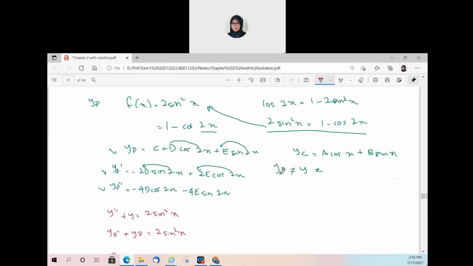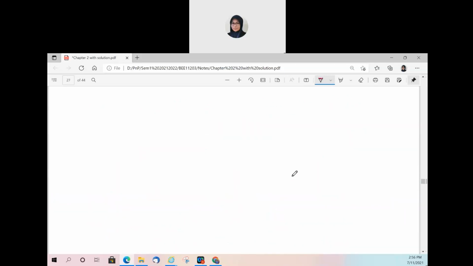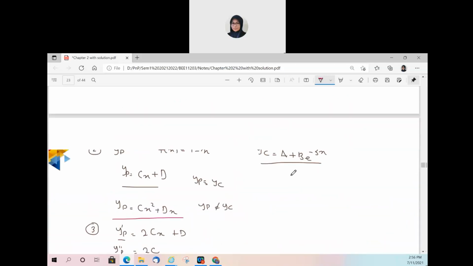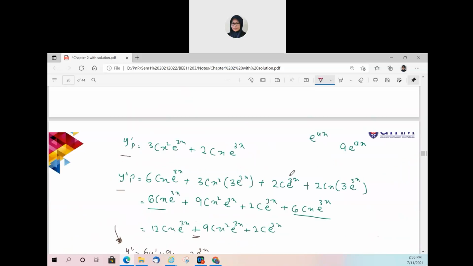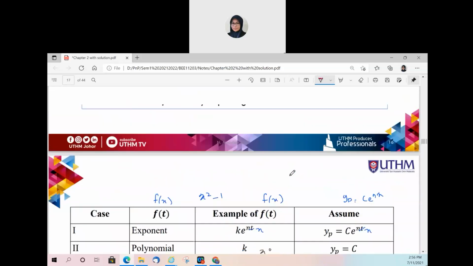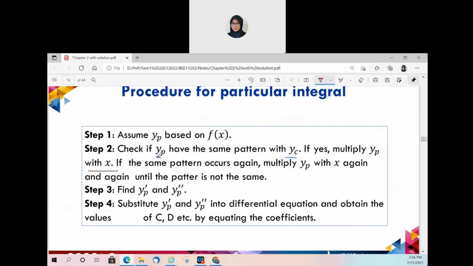Kalau soalan tu sama, macam saya cakap kena darab dengan X yang ini. If YP have the same pattern with YC, okay, you have to multiply YP with X. And then you check again the pattern. Kalau sama lagi, you multiply lagi, sampai pattern dia tak sama. Oh, memang kena tak sama lah. Ya.